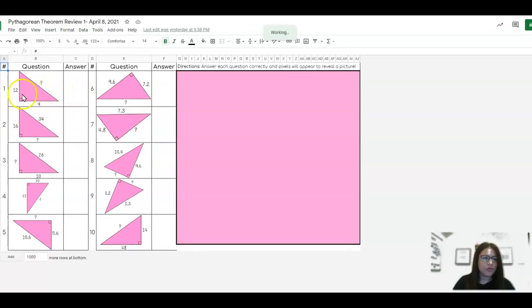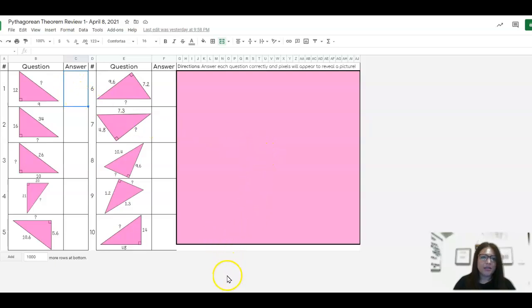Okay, so for number 1, you have a right triangle, and you're looking for that missing side. Now you're going to type in your answer right here, and as you type in your answers, you're going to start seeing a picture show up, and that picture is going to reveal. If you are getting your answers correct, it's going to show some picture filled in. If you get it incorrect, the box is going to turn red, so you should try it one more time.